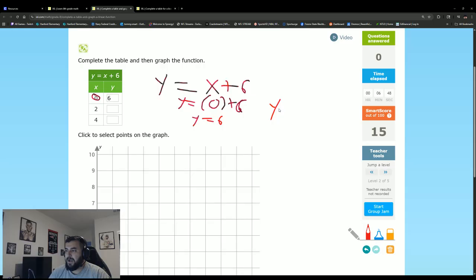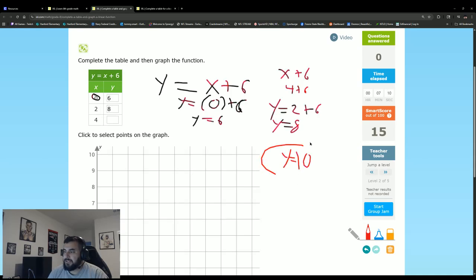So let's put y equals 2 plus 6, and that is equal to 8. So you put an 8 right here. And then the last one is 4, so let's plug in a 4, right? I'm going to put 4 for x, and 4 plus 6 is 10, so y is equal to 10. So that's how I fill that out, and I'm going to plot these points.